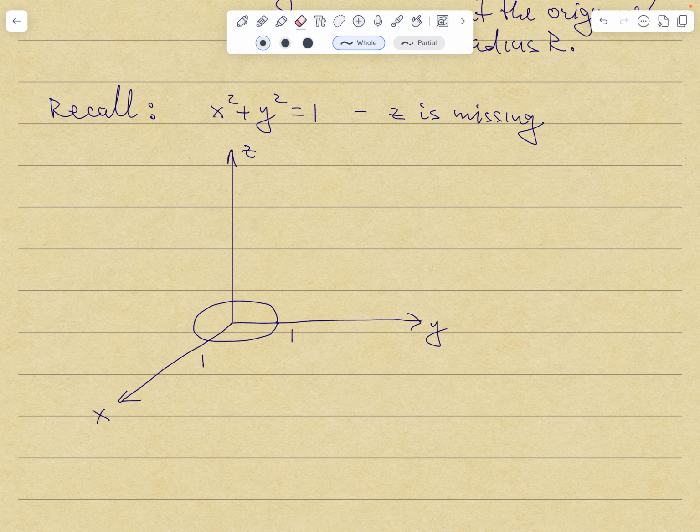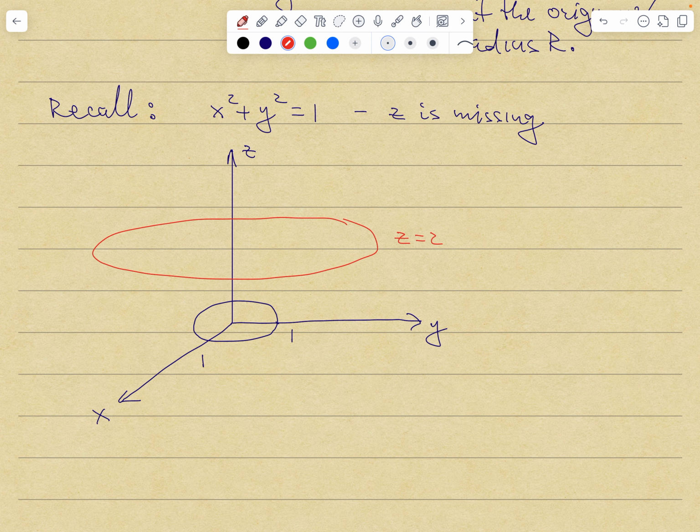But because z is missing, if I make z equal to, let's say, 2, then that gives me a plane at the level 2. But in that plane, z is 2, but x squared plus y squared is still equal to 1.